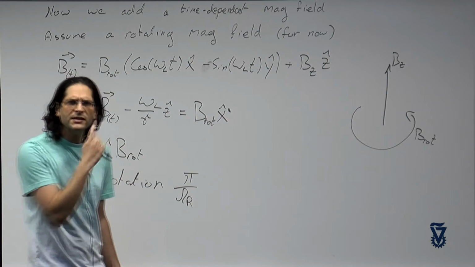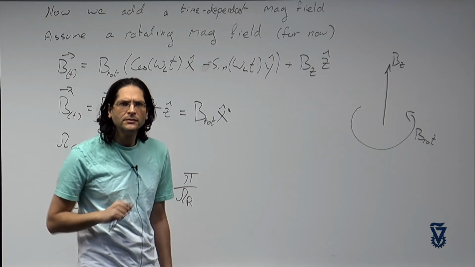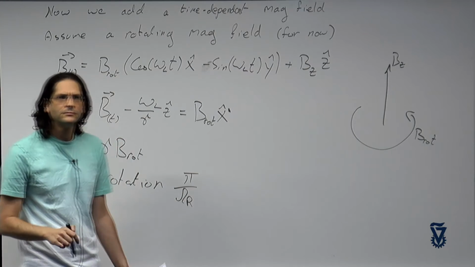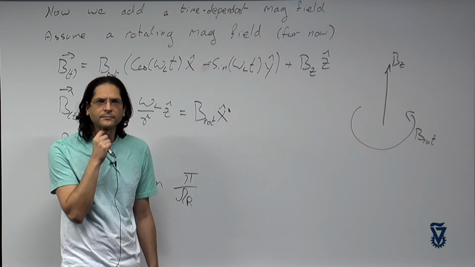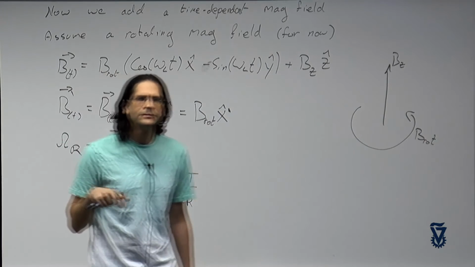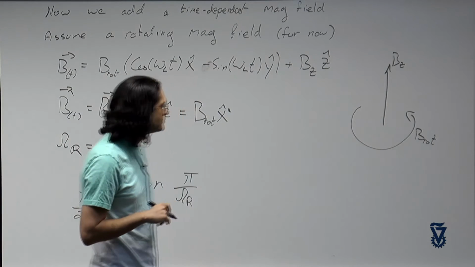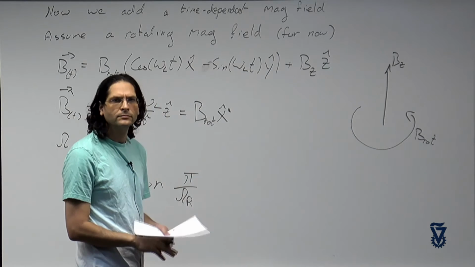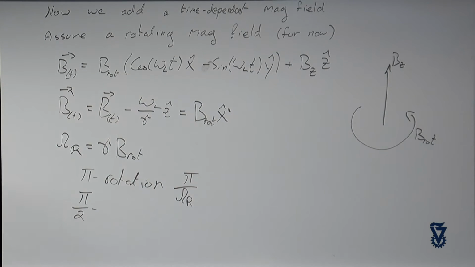Can we rotate the magnetization around the z-axis? Anyone knows how to do that? In the rotating frame, how do we rotate around the z-axis? I'll write the question up here while you're thinking.